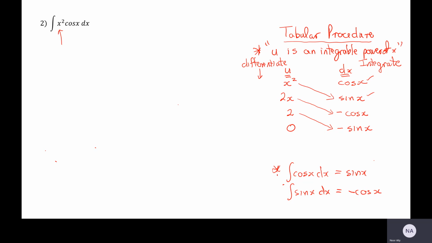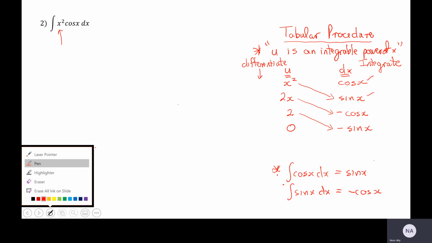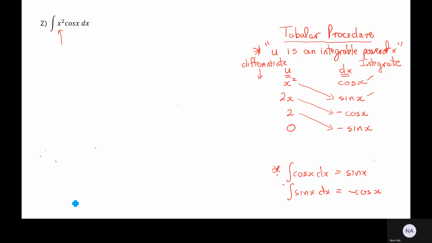Of course, 0 is 0, so we'll leave that out. Then you apply the following, and this is a very procedural aspect of integration by parts. No proof, no derivation. So you simply have to follow. But once again, you can only apply it when u is an integral power of x. Now, the first diagonal, you make that sign positive, the next negative, and the following positive. In other words, alternate the signs.